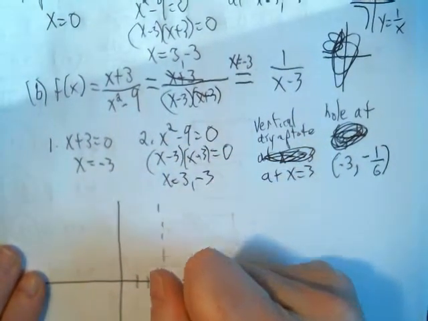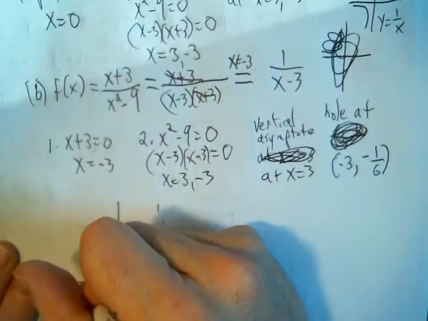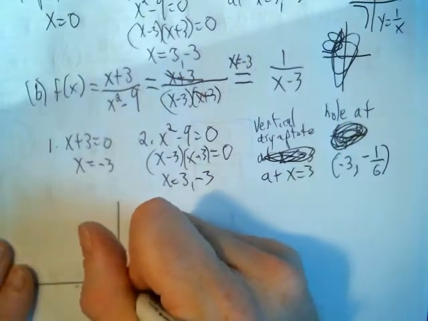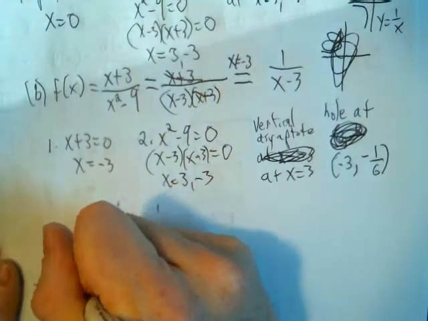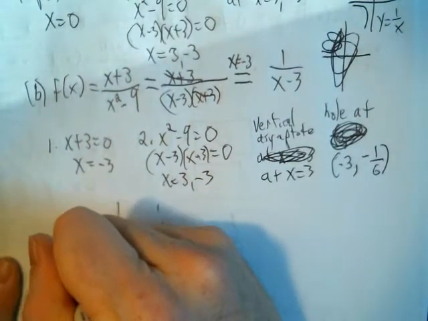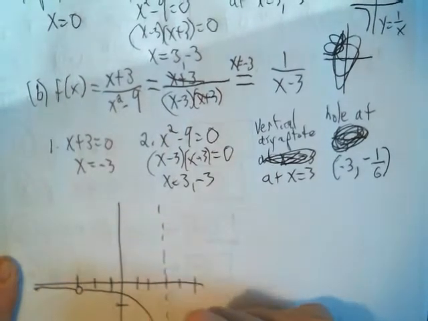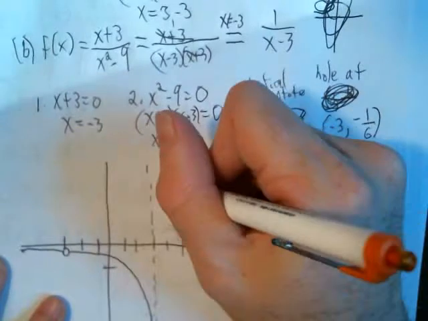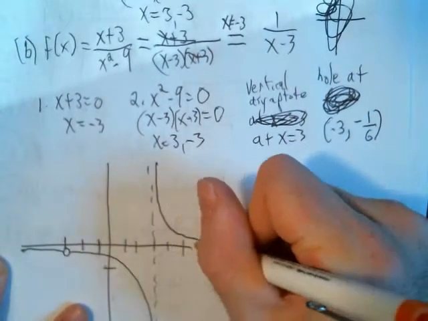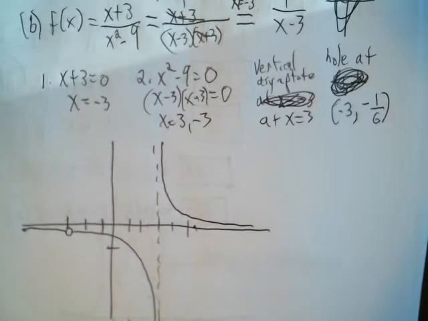That's actually where the asymptote will be. And then we'll have at negative 3 a hole, so I have to be a little careful about that. So negative 3, negative 1/6, there's going to be a hole in there. But otherwise, it's exactly the same as one of these, just shifted. So, a vertical asymptote there at 3.